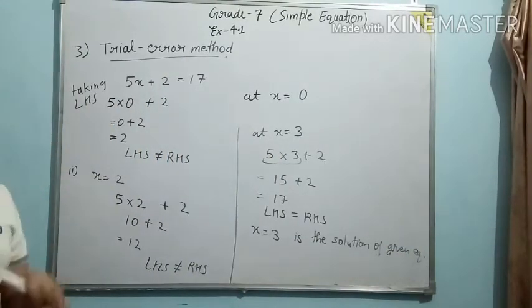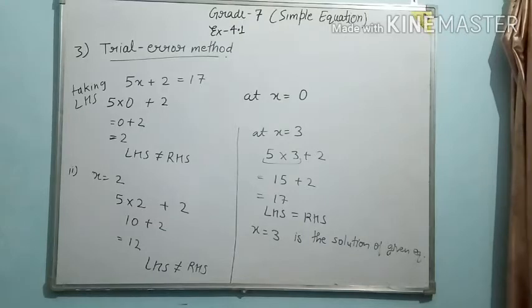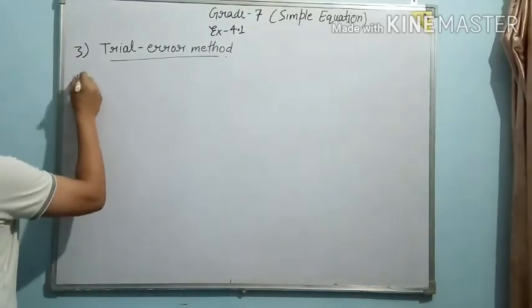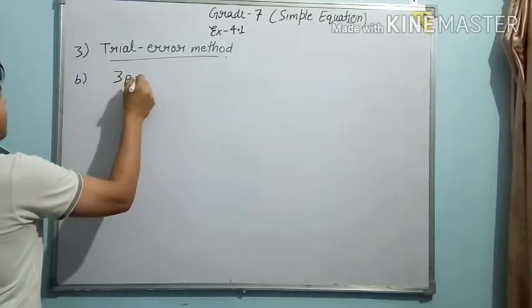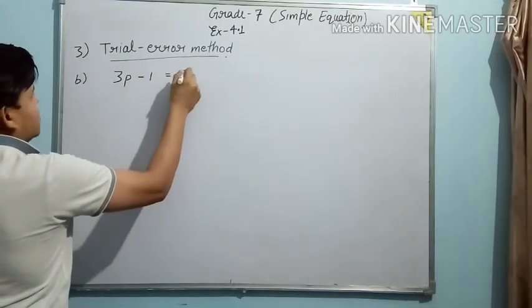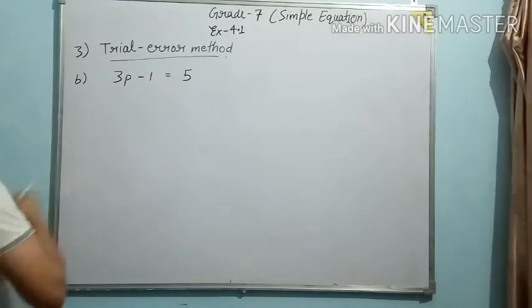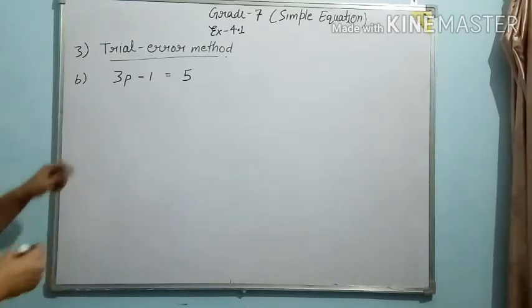So let's take another example: 3p minus 1 is equal to 5. So we have this equation now. What you will do here, as I told you, you can start with any negative number.